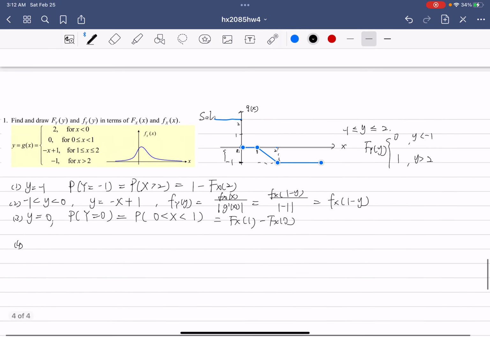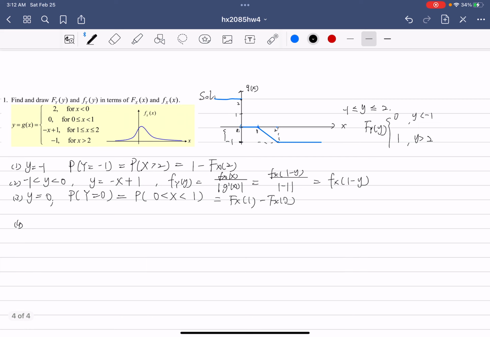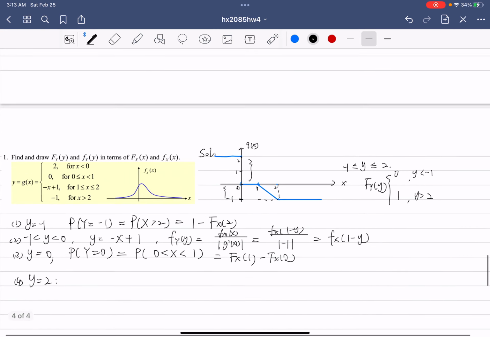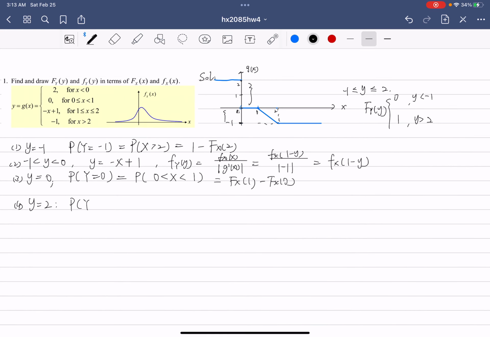For the range of 0 to 2, there is nothing. But when y equals 2, the range of x is less than 0. It's the probability that x is less than 0, which is F_X(0).